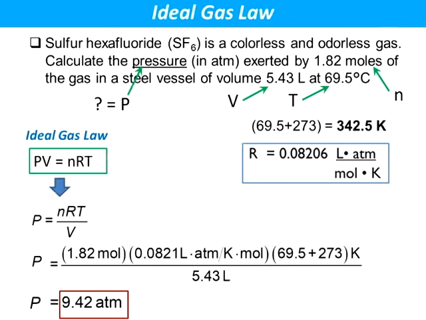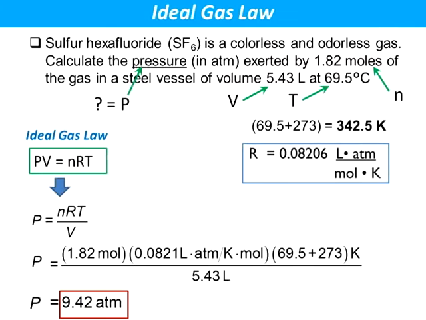Therefore, we set this equation up to solve for pressure. We put in all the values, we use the proper universal gas constant R for this problem, and when we calculate, we obtain 9.42 atmospheres.